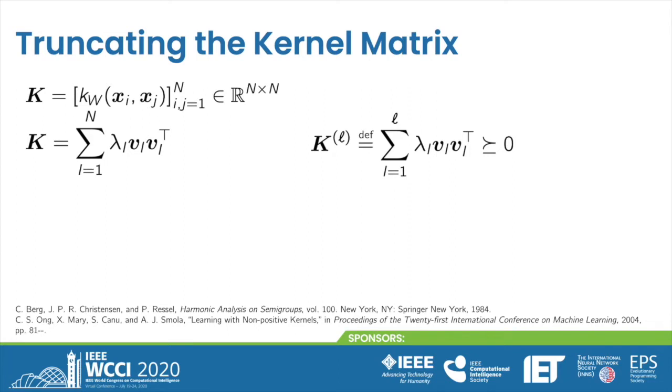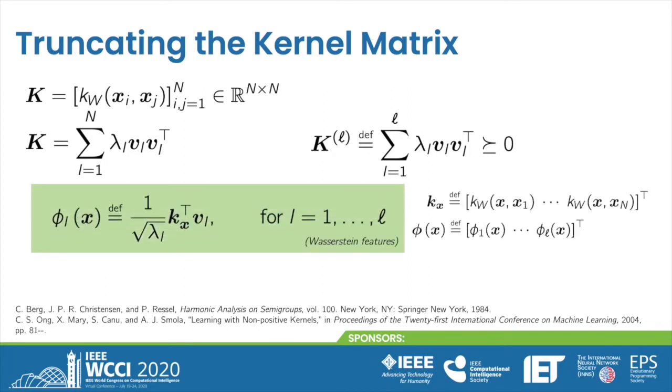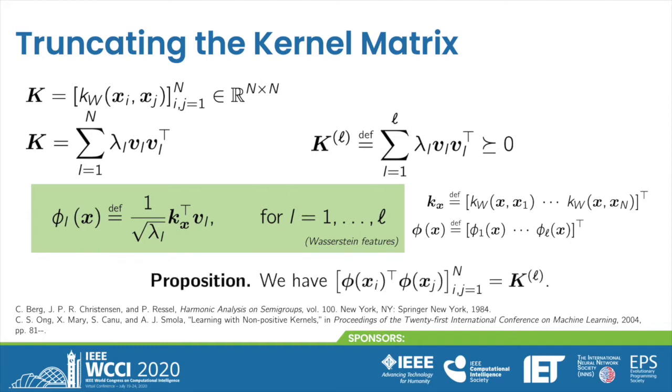And based on that, you can build the Wasserstein features for new data points that are spanned by the remaining eigenvectors of the kernel matrix, and the coefficients are based on the distances to the core set. And you can see that this definition is consistent, because if you compute the out-of-sample extension on the core set, then you will result back in the truncated kernel matrix.